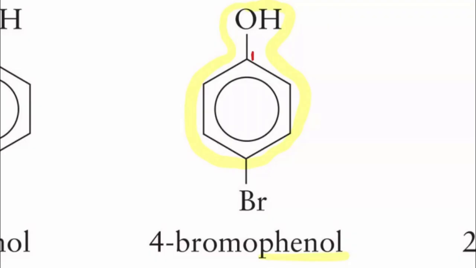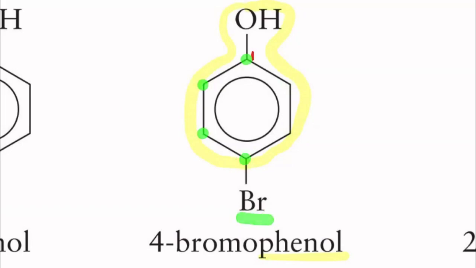In this example, it doesn't matter if we go clockwise or counterclockwise, meaning that if I count it clockwise, this is carbon number 1, 2, 3, 4. But if I go counterclockwise, this is carbon 1, 2, 3, 4.